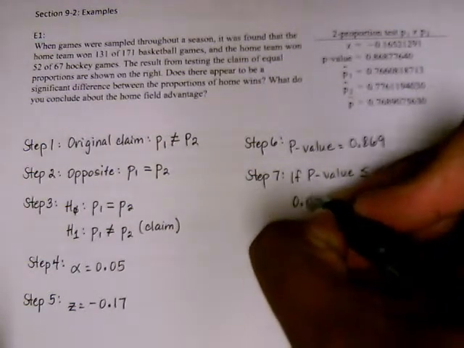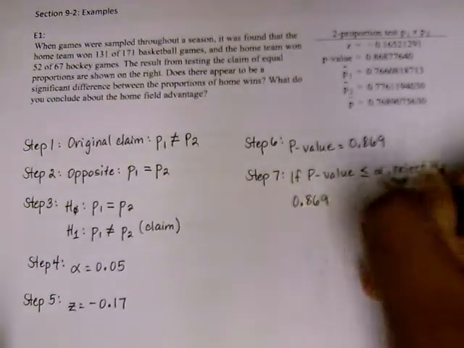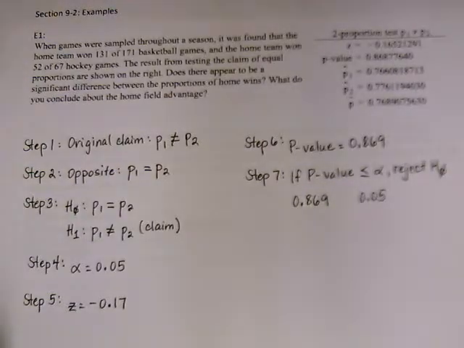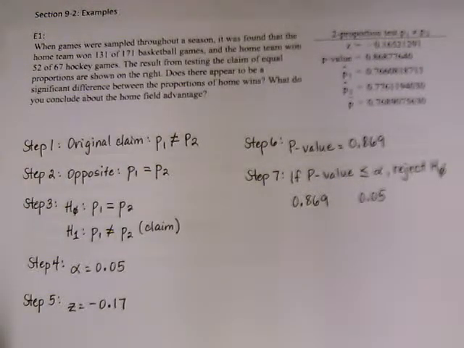And we're going to compare that to our alpha, which is the common alpha level of 0.05. As you can see, 0.869 is greater than 0.05.